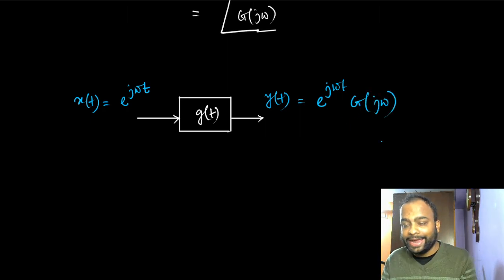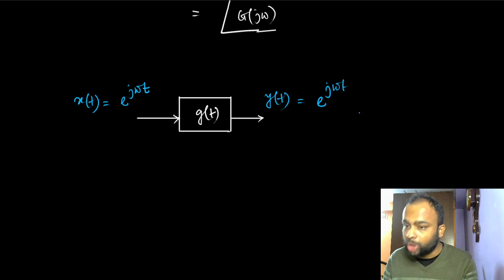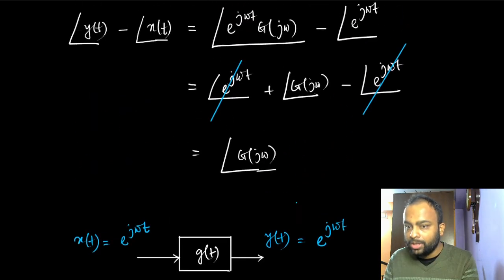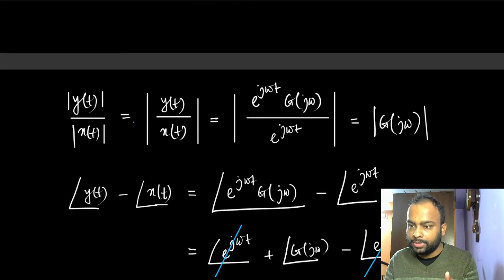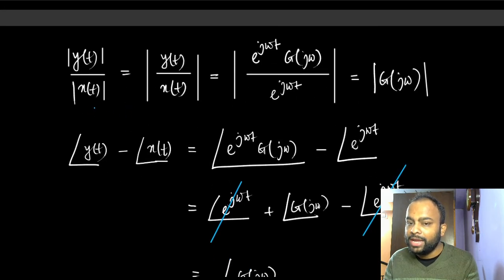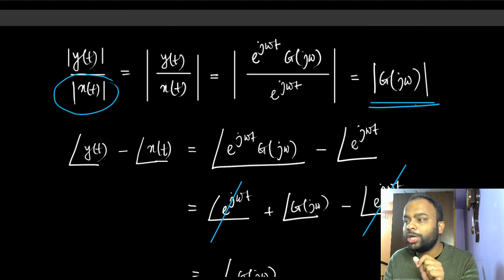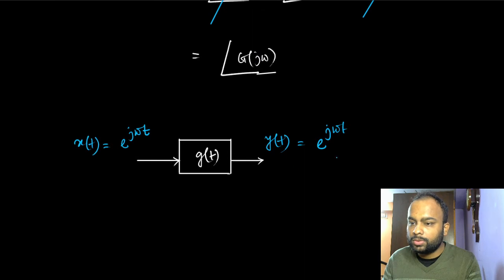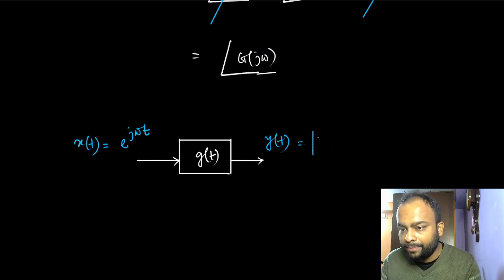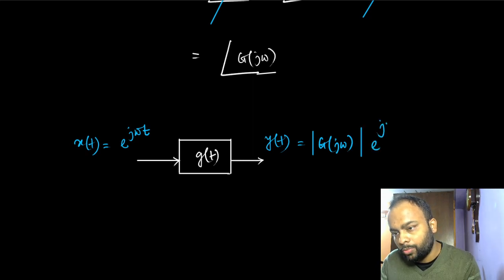Now this indicates that G(j omega) is a complex number, and its magnitude will get multiplied with the magnitude of the input and change it. So if I take the magnitude of the input signal and multiply that with the magnitude of this G(j omega) function, I get the magnitude of the output. So I can write that this is the magnitude of the output.